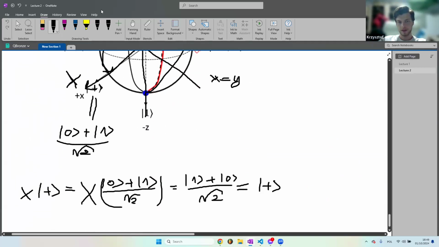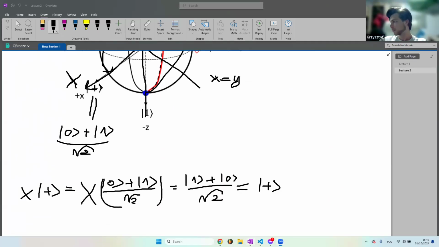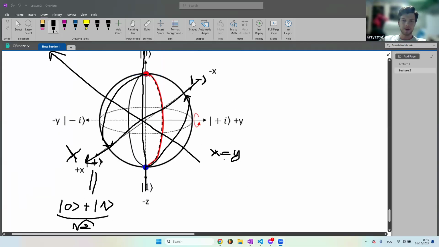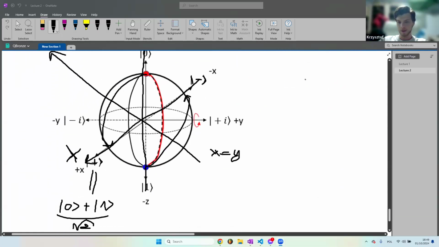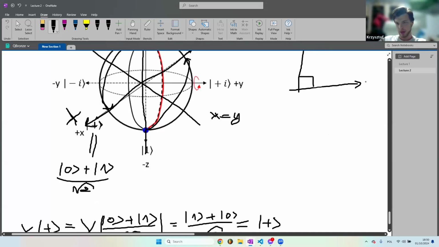Yes. Do you have any questions regarding this? Are 0 and 1 supposed to be perpendicular and not on one axis? Yes, that's very strange about the Bloch sphere, because in the real value diagram, they are supposed to be perpendicular, right?